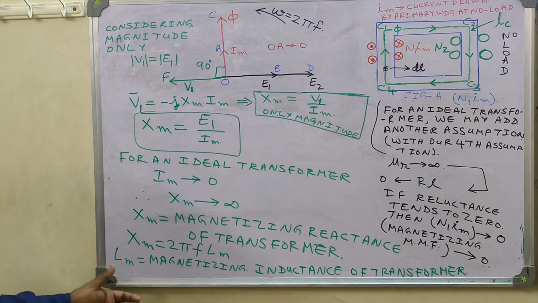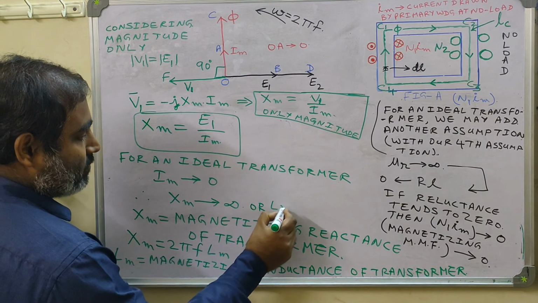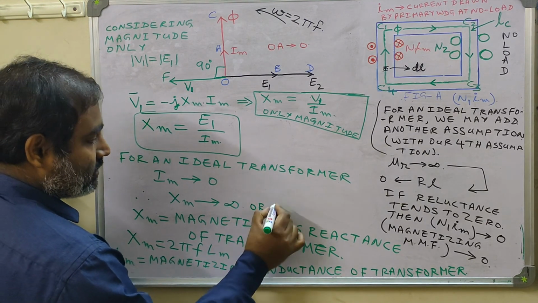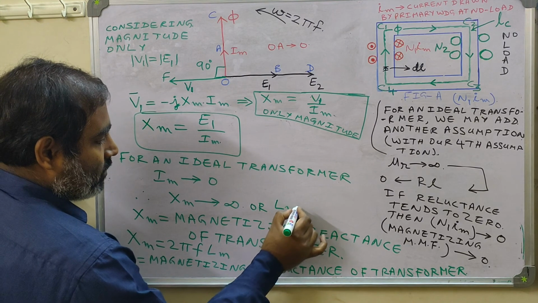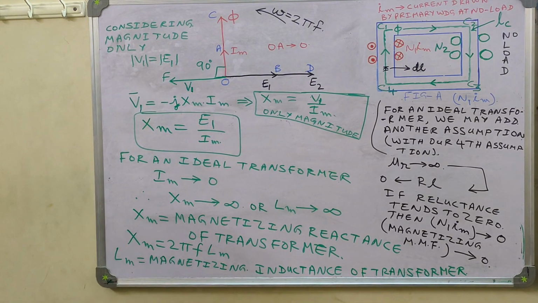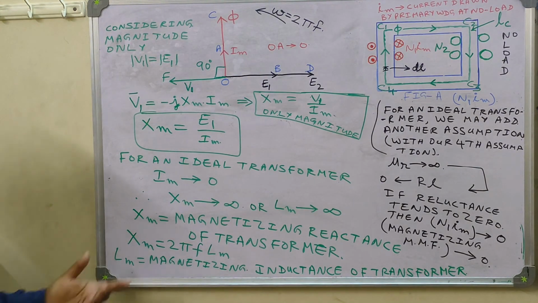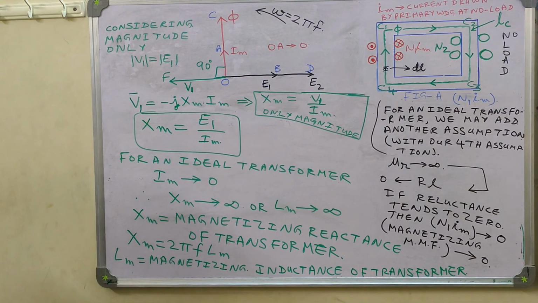So obviously, for an ideal transformer, magnetizing inductance Lm will tend to, not 0, actually infinity, because reactance is tending to infinity, so inductance will also tend to infinity, because Xm is nothing but 2 pi f Lm.